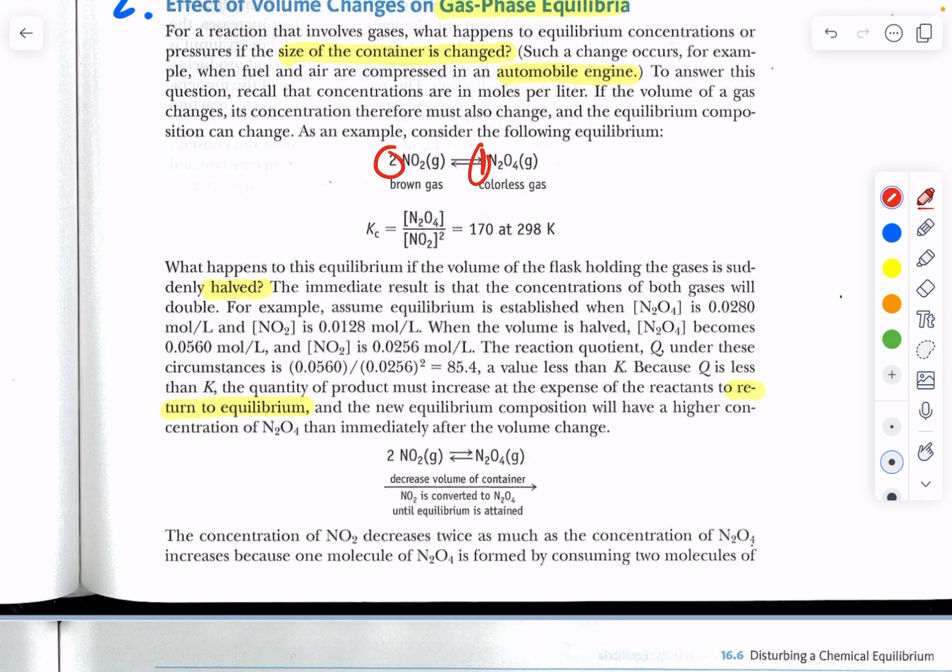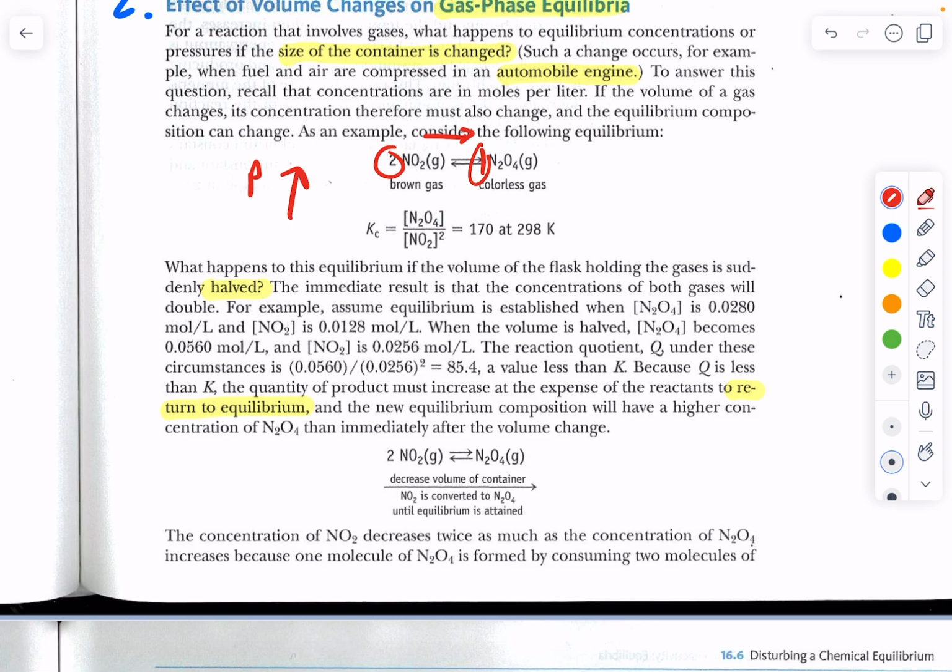So if I increase the pressure, which way will the reaction shift in order to offset some of that pressure? Well, by two particles becoming one, by going to the right, you can reduce the pressure. So an increase in pressure is going to force the reaction to the right.